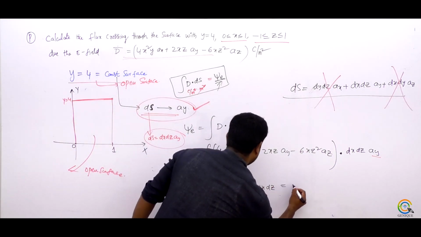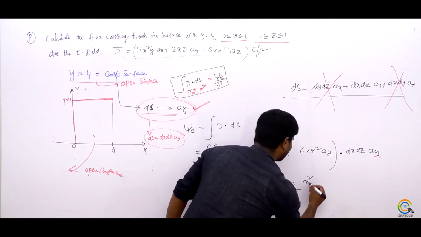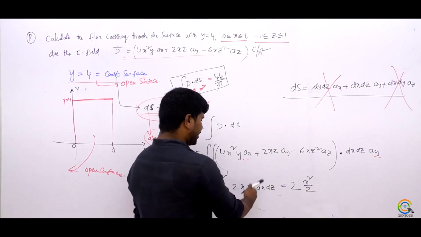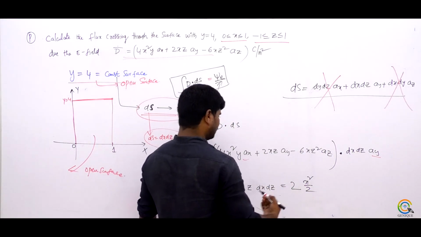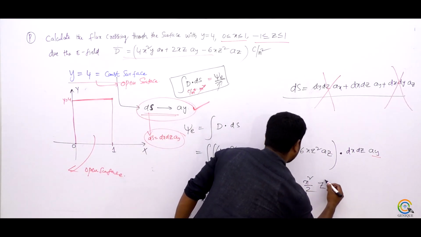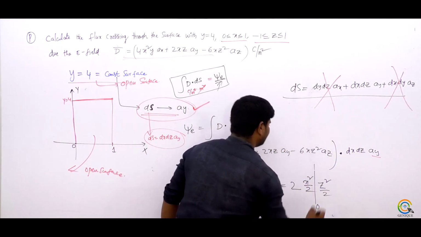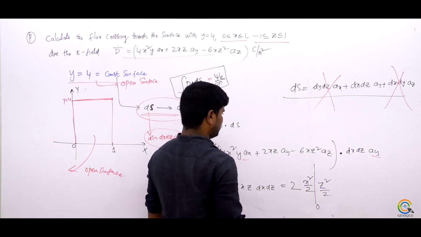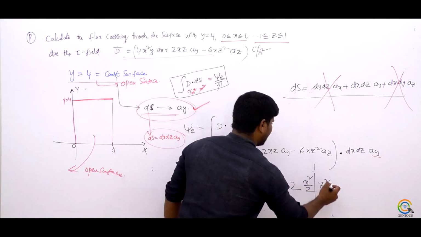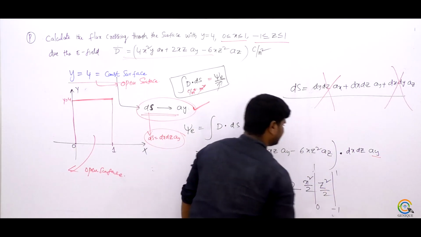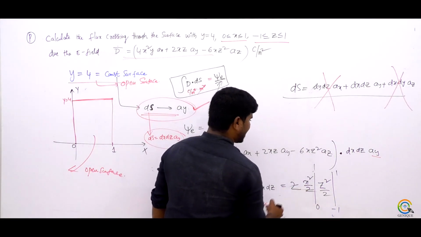So finally this is 2 into x²/2 into z²/2. This is from 0 to 1 for x and from −1 to 1 for z. This 2 will get cancelled.